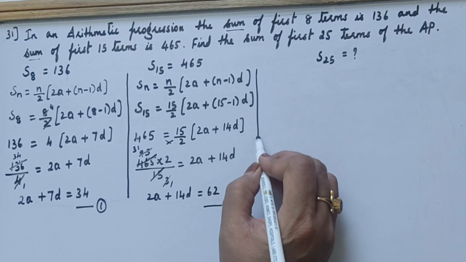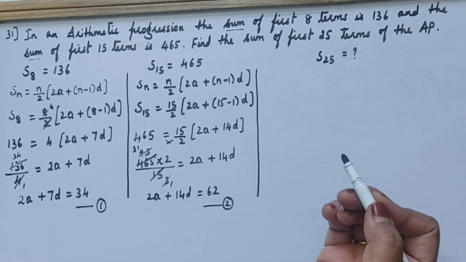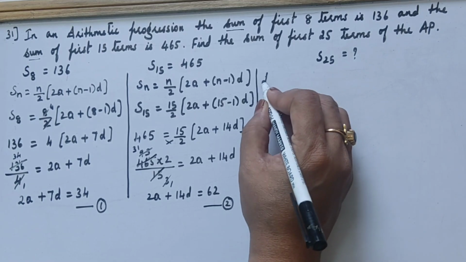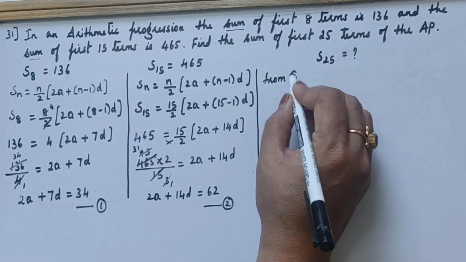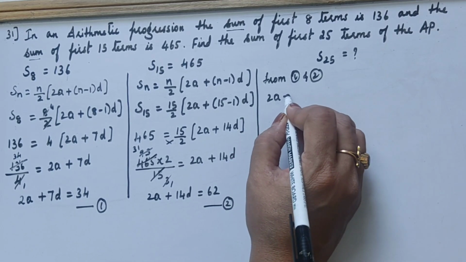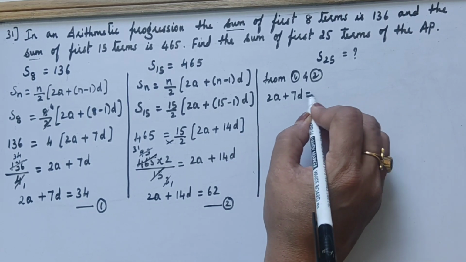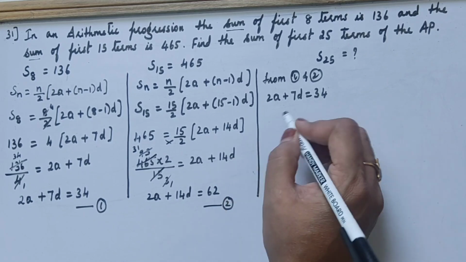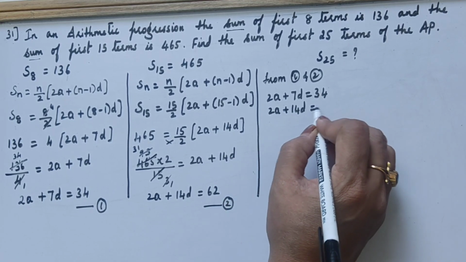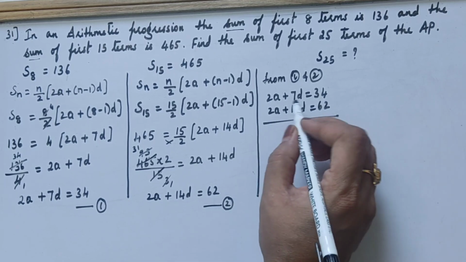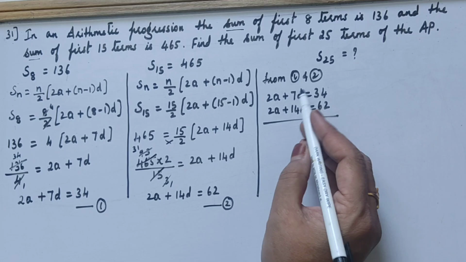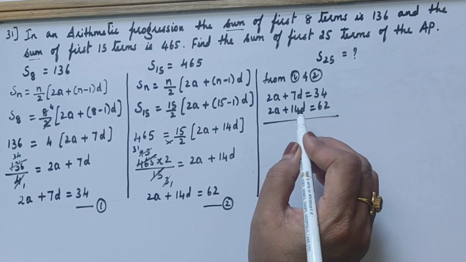Now as we have got two equations, we will solve by the elimination method. So from equation 1, I get here 2a plus 7d equals 34, and the second equation is 2a plus 14d equals 62. As you can see, both the coefficients are same. We cannot cancel actually.